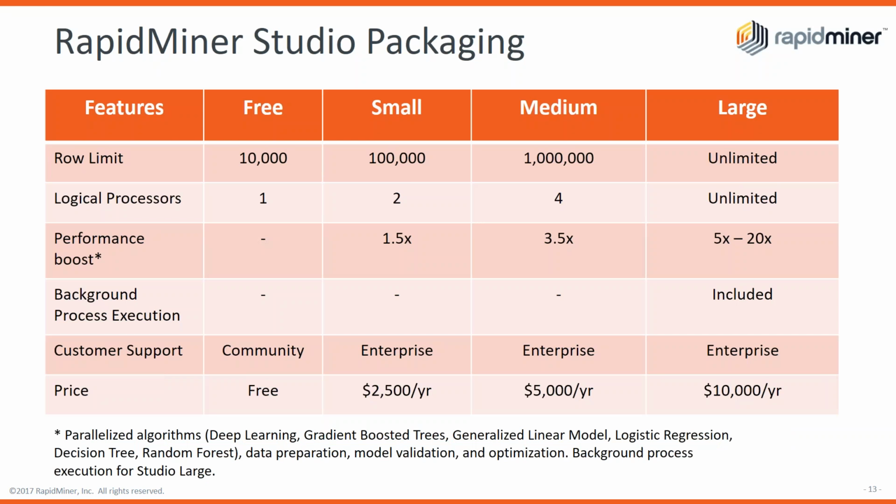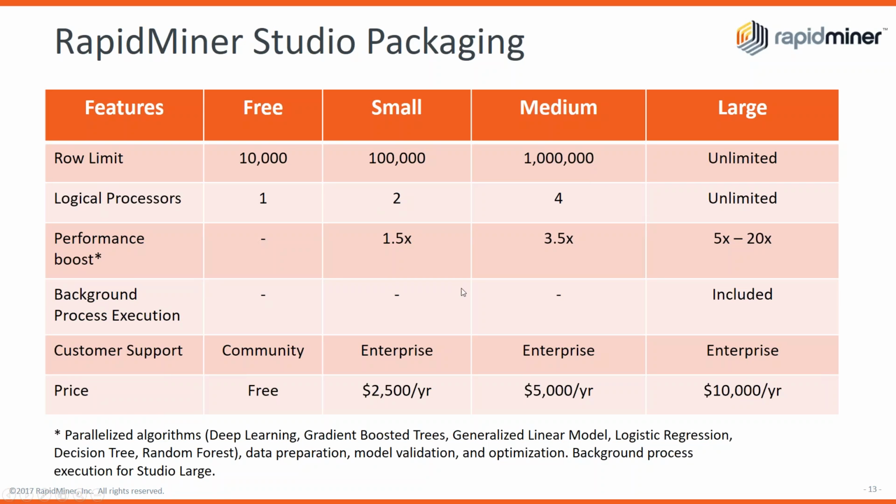In terms of how this is packaged, we have 3 licenses that you can use with just one logical processor. The whole functionality is there, meaning that you have basically all operators and so on. We want to give a lot of value to our community, to the people who just download the tool and use it.